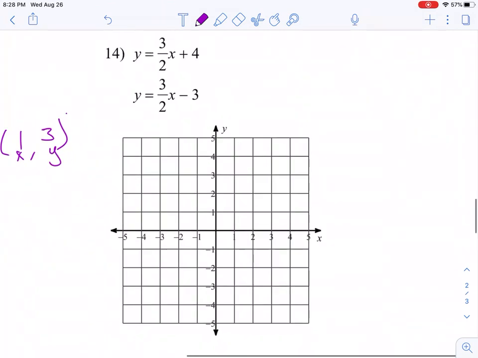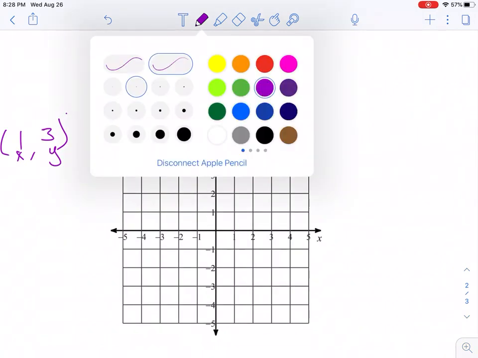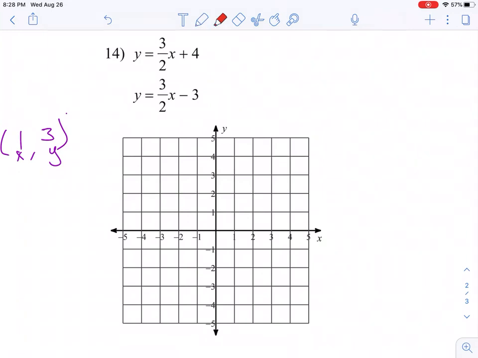And finally, number 14. For my top equation, which I'll do in red, we are beginning at +4, and I'm supposed to move up 3 and right 2. I do not have enough room to do that, so instead I will move down 3 and left 2. Down 3, left 2.